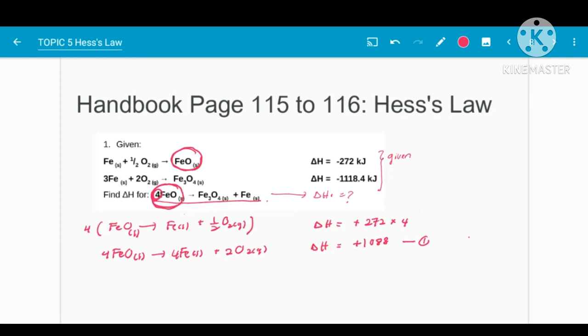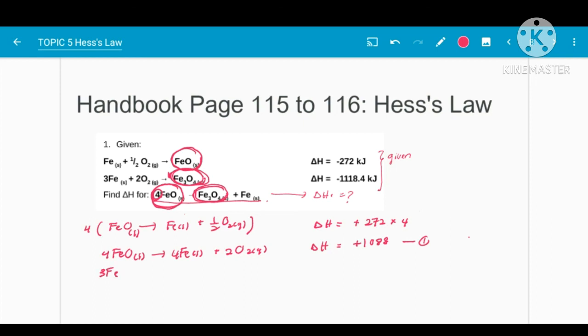Now look at the second equation. We have the product Fe3O4. For the second equation, Fe3O4 is the same as in the question, located at the products, and the coefficient number is 1. So there is no modification for equation 2.